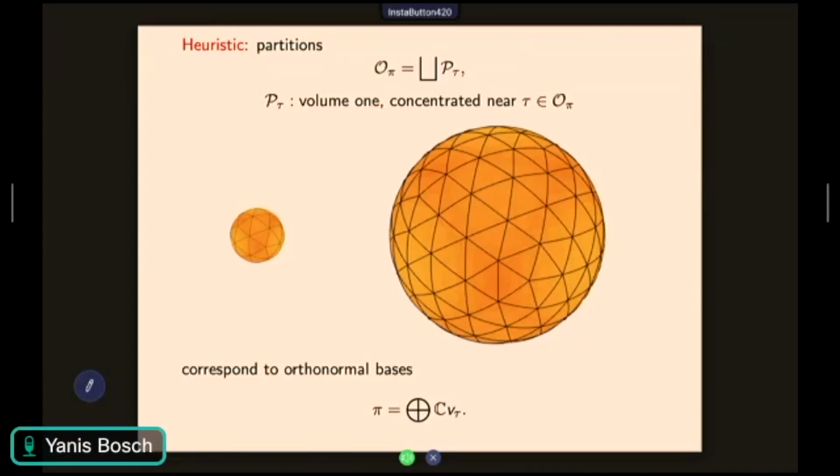So heuristically, these should correspond to ways to decompose the representation into an orthonormal basis, where the basis elements I'll call V tau. So these V tau should somehow correspond to these partition elements P tau. And for instance, one way to make that a little bit precise is you could say that if you look at the action of small group elements on V tau, you should be able to read that off in a natural way from P tau.